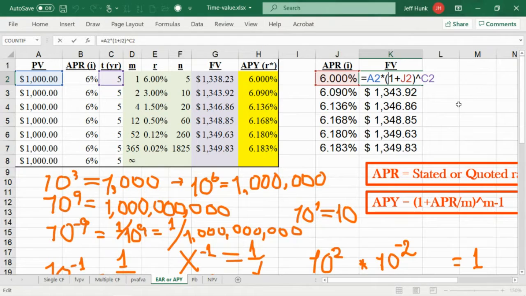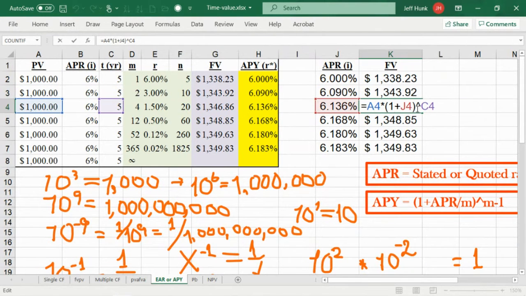And in here you see it's just a single annual compounding.